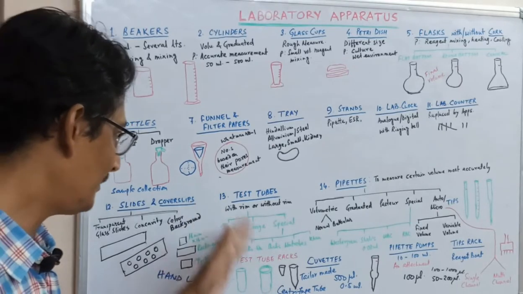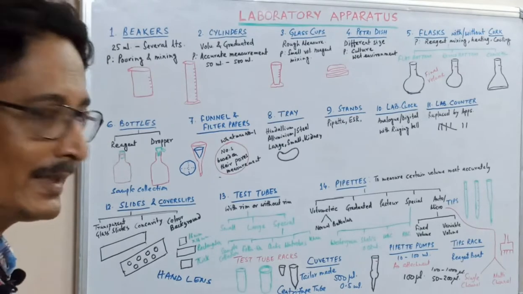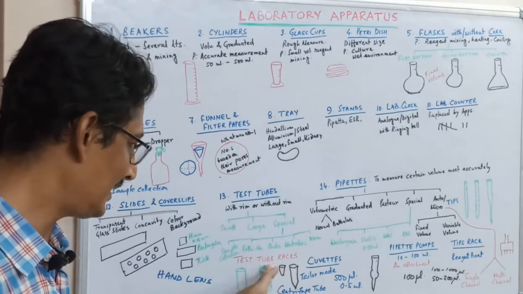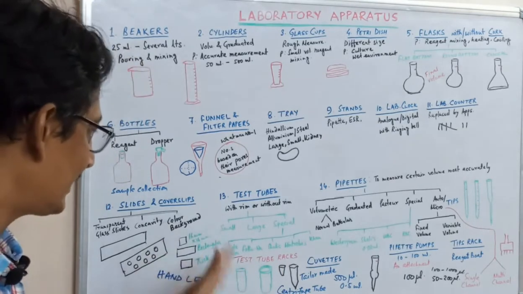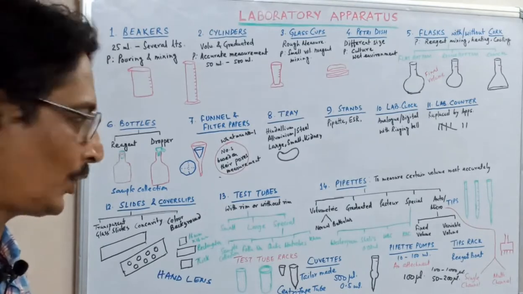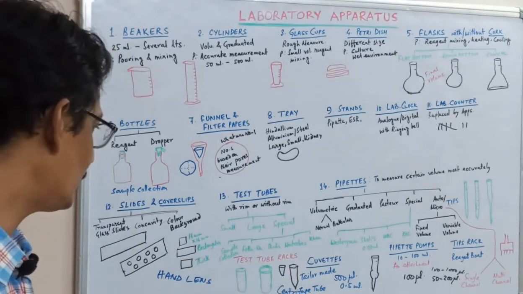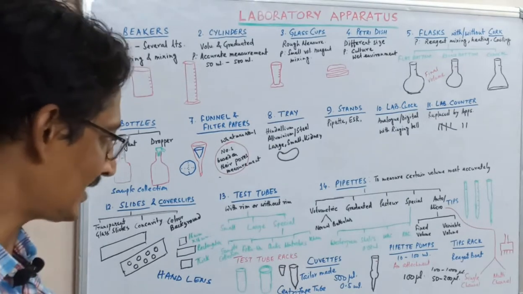And the most important thing, the 13th point, is the test tubes. They may be with rim or without rim. Test tubes come in different sizes, small, medium and large, and there are some special test tubes, mainly the centrifuge tube.